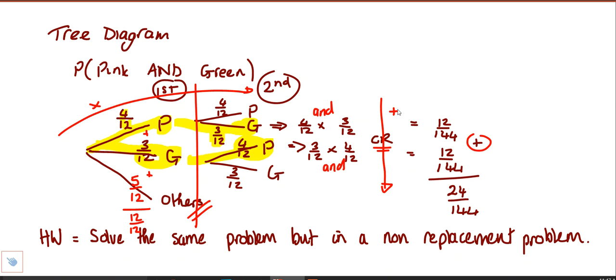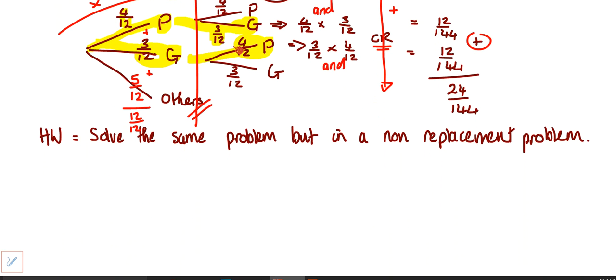Now I asked you then to do the same problem but in a non-replacement way. Alright? So let's consider that. Let's just go pink and green. I'm not going to write anything else.